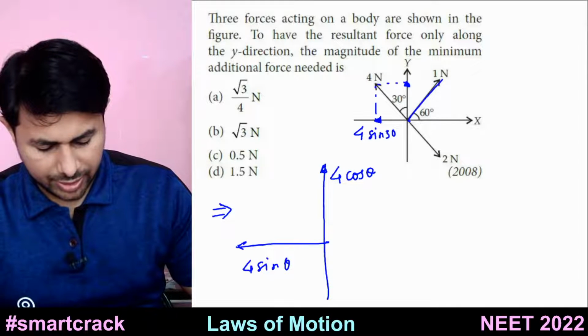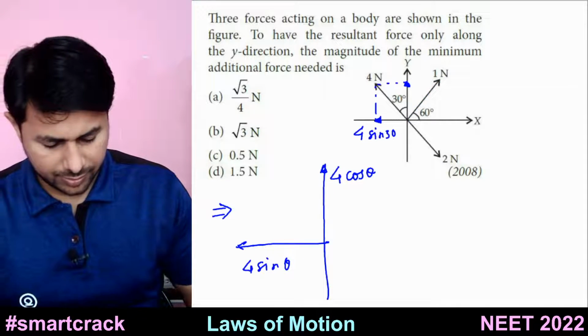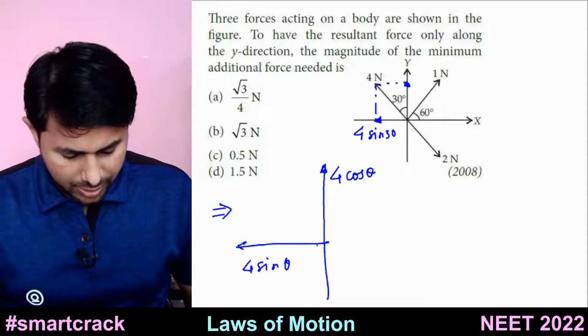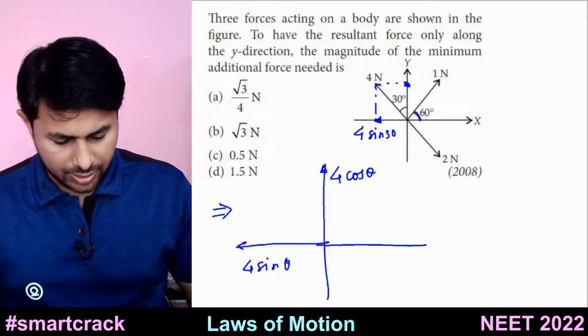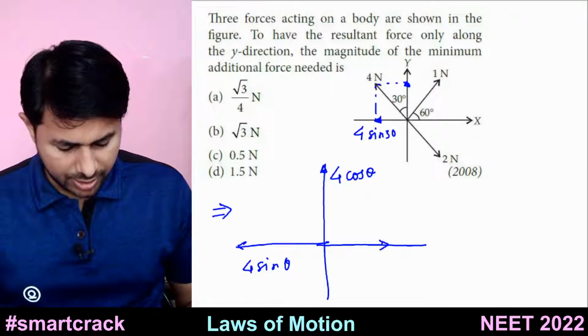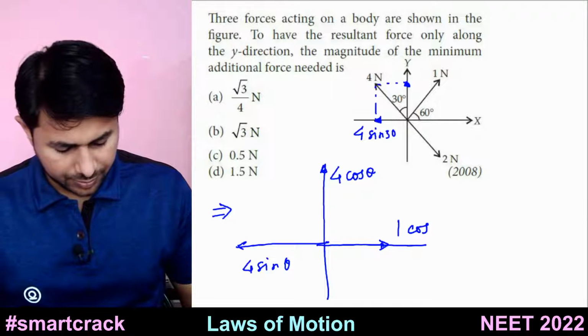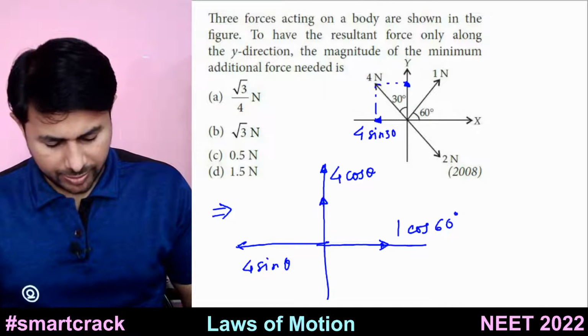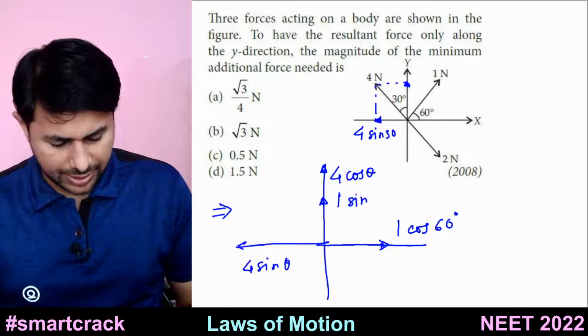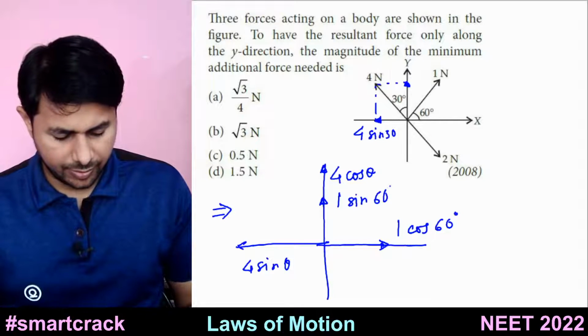Let's resolve this 1 newton force. It is at 60 degrees with the x-axis. So this component will be 1 into cos 60, and the vertical component will be 1 into sin 60.